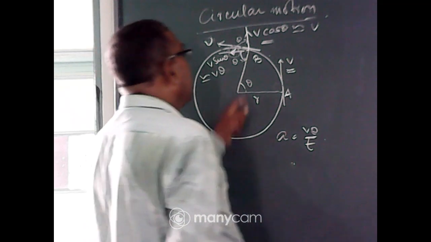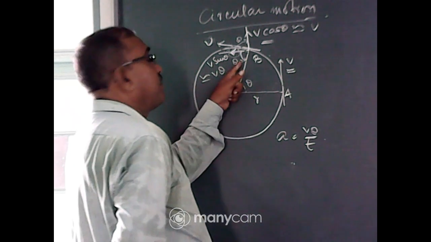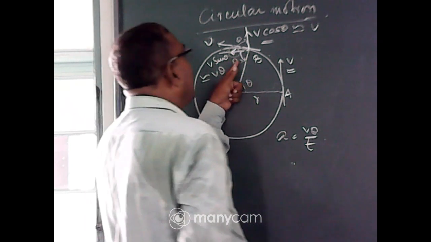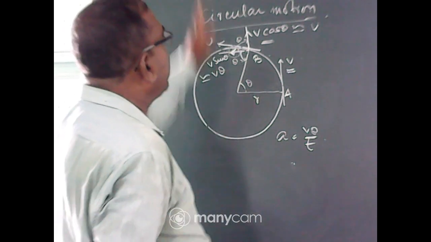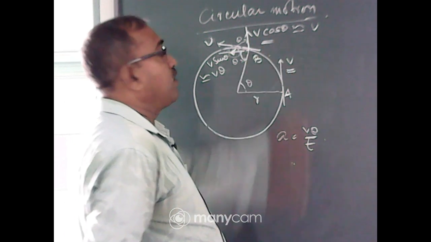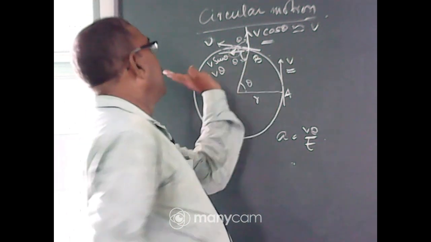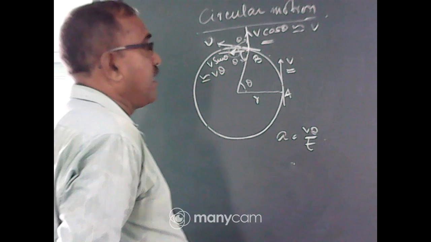If this angle equals theta, that parallel angle will be theta. So, the velocity component along the perpendicular direction is v cos theta, along the radius direction is v sin theta.